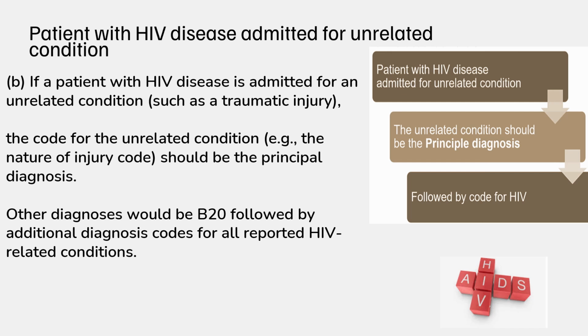Now the third important guideline is, what if the patient with HIV disease is admitted for an unrelated condition? If the patient with HIV disease is admitted for an unrelated condition, for example traumatic injury, the code for the unrelated condition should be the principal diagnosis, and the other diagnosis would be B20, followed by additional diagnosis codes for all reported HIV related conditions.